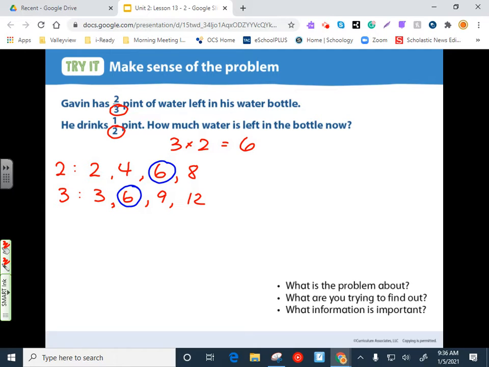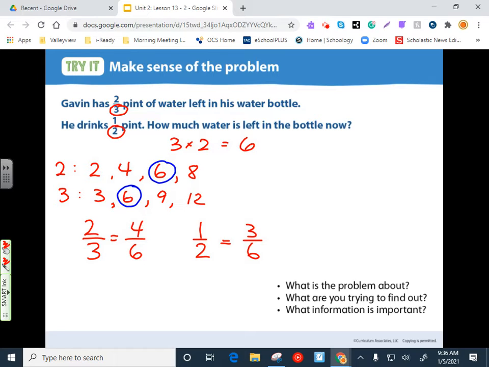All right, so what we want to do now is let's take that 2/3, and we want to create that equivalent fraction. So 3 times 2 is 6, 2 times 2 is 4. And let's take 1/2. I know 2 times 3 is 6, 1 times 3 is 3.